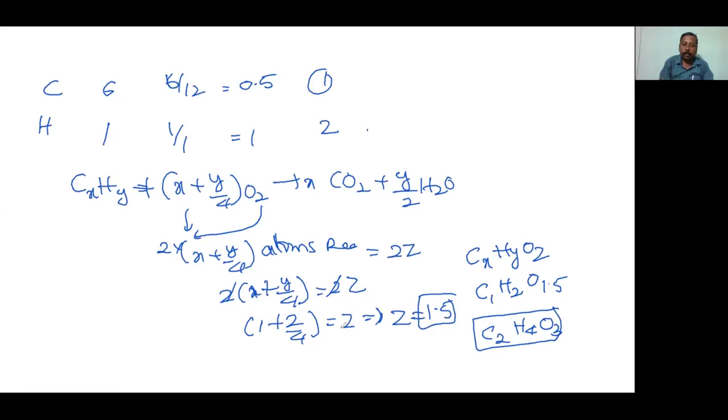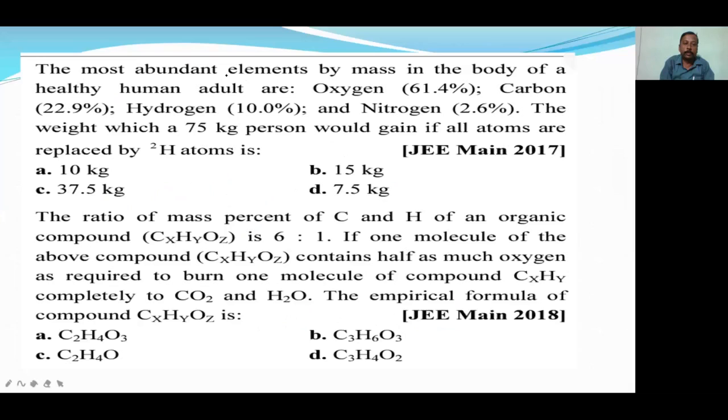Students are just not able to understand what we have to do with CO2 and H2O. Now let's go to the slide. This was the question. Our answer matches with option A. That matches with which option? Option A.